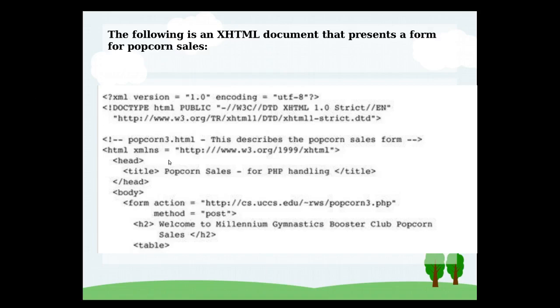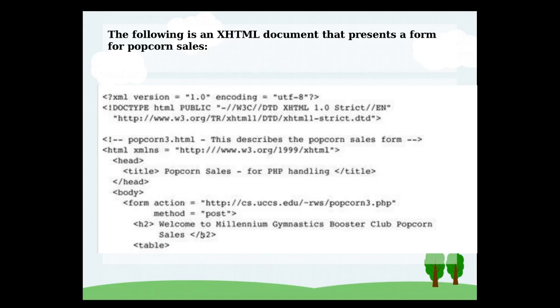Here you can see an XHTML file with the title Popcorn Sales, and you can see a form element with the action attribute set to a URL. This URL is actually the PHP file which processes the form defined in this particular document. The method used here is post.